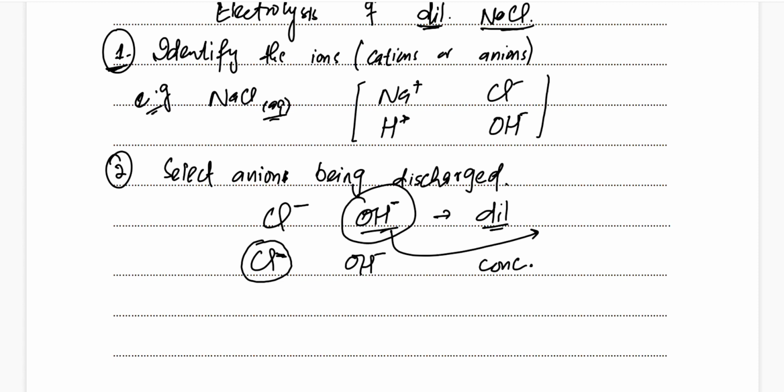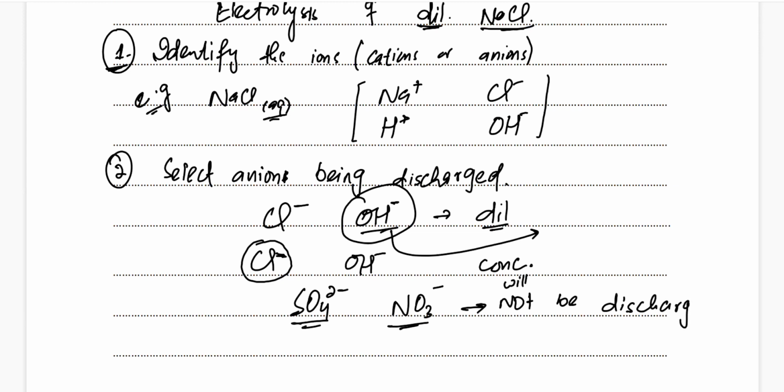And one more thing that you have to know, that sulfate and nitrate, NO3, even if we take the concentrated form, they will not be discharged. These three things won't be discharged even if we take the concentrated solution; they will remain in the solution.